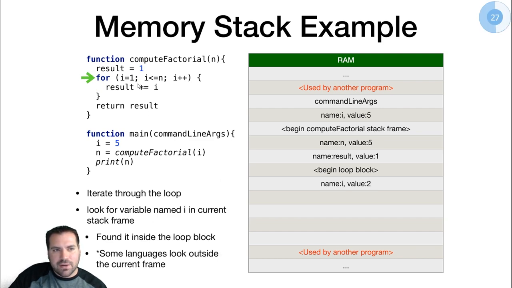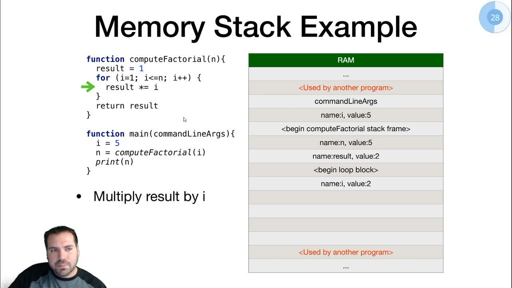The next iteration of the loop, we hit the end of the loop, increment I. So I is now 2. We found I inside the loop block, so we'll take that variable and increment it. And check the condition, 2 less than or equal to 5. n we don't find inside the block, but we find inside the frame. 2 is less than or equal to 5. So we're going to execute the loop again.